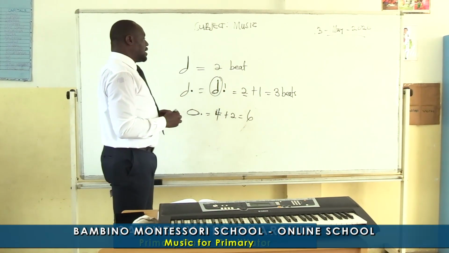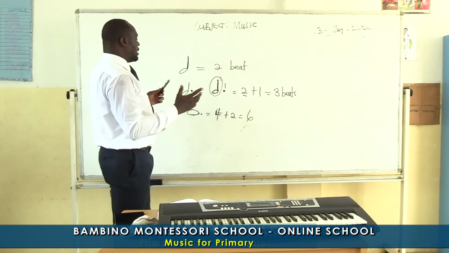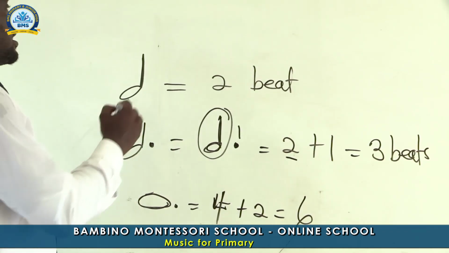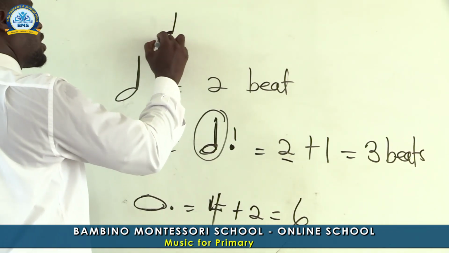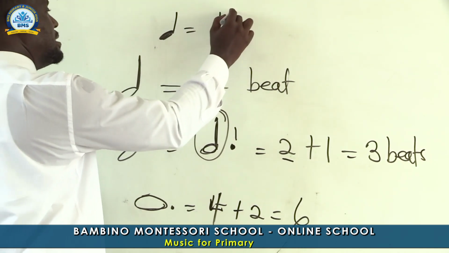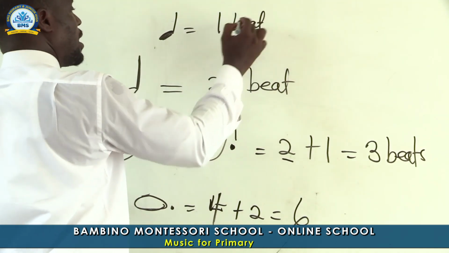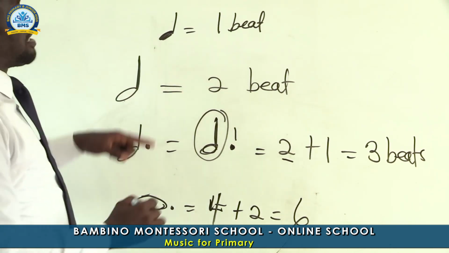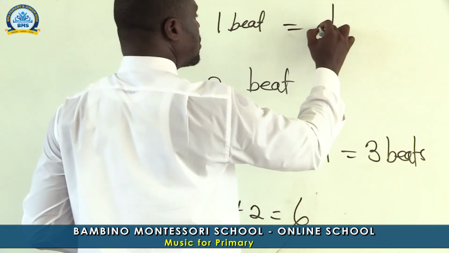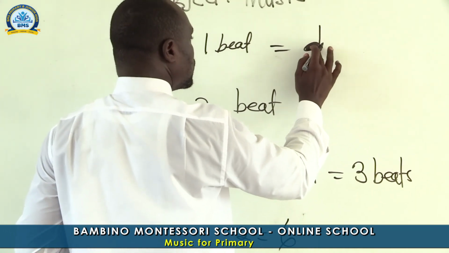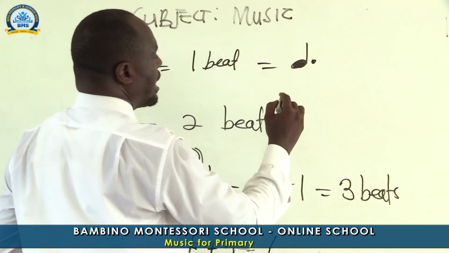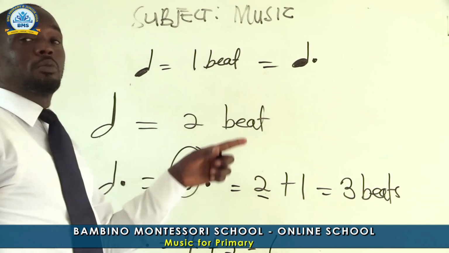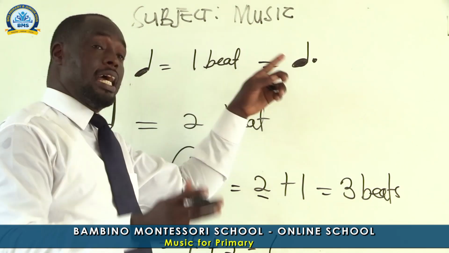If you have the quarter note, a quarter note is equal to 1 beat. If it becomes a dotted note, you are going to lengthen this note by half of this note again.